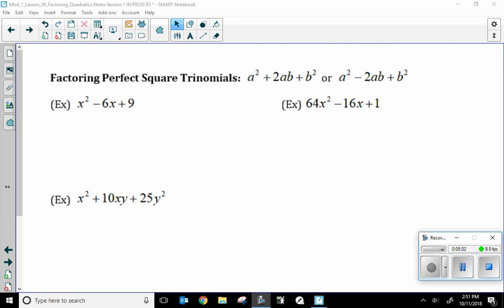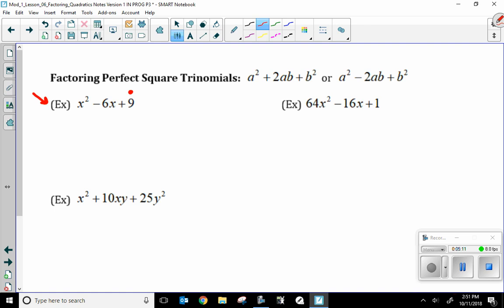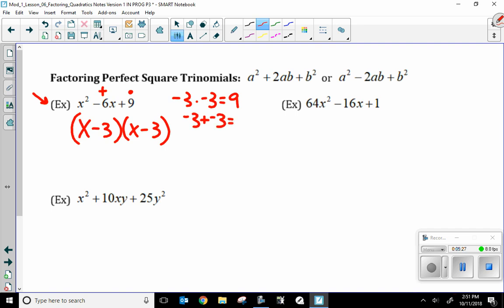So if you look at example 1 here, this first one, I would completely expect you to say what multiplies to positive 9 and adds to negative 6. x minus 3, x minus 3, because minus 3 times minus 3 is 9, and minus 3 plus minus 3 is negative 6. So that works. All right, that's what this should factor out to be.